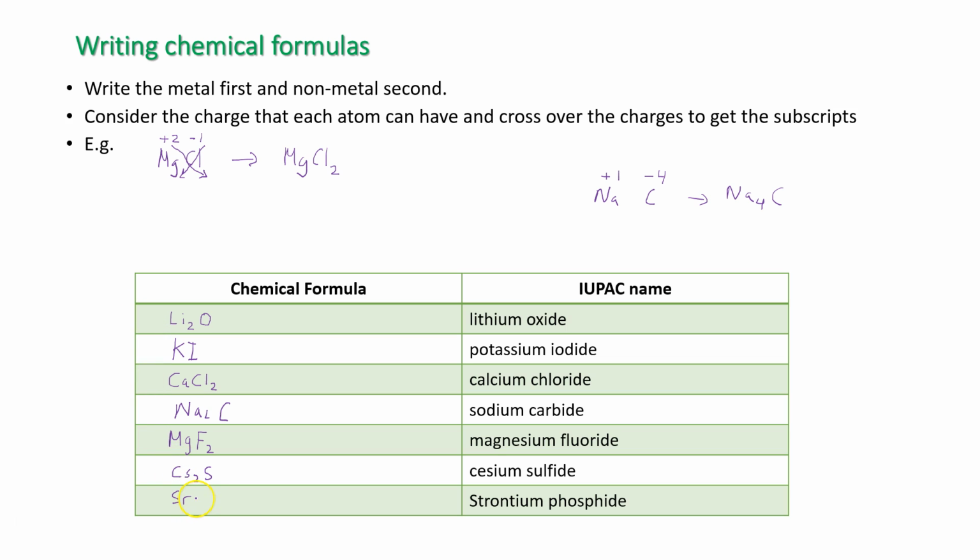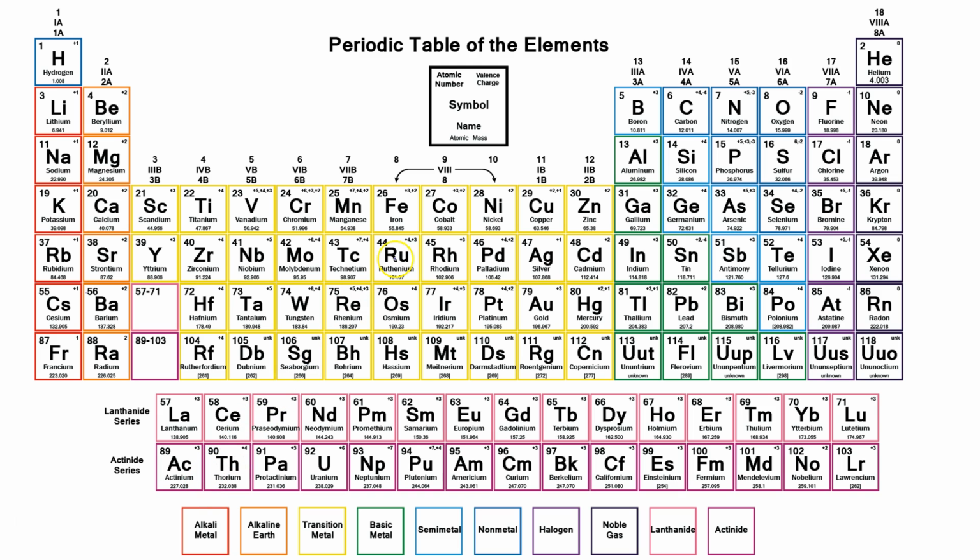And phosphorus, if we go back to the periodic table, can have a lot of different charges. It can have +5, +3, or -3. In this case, it definitely can't be +3 or +5, because the strontium has a charge of +2, so it has to be -3. So the phosphorus will have a charge of -3.